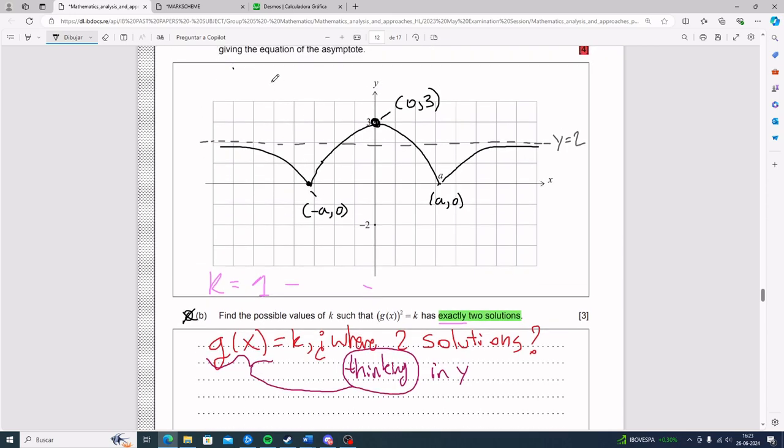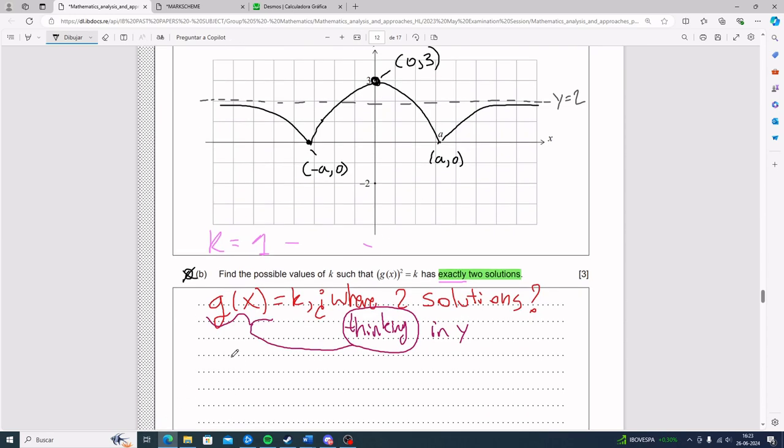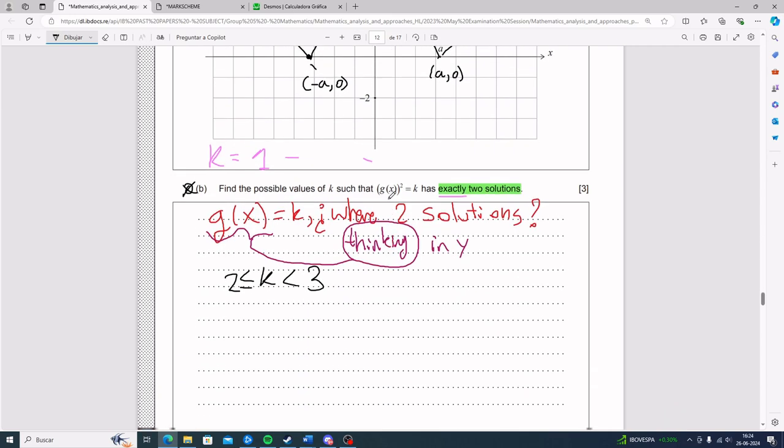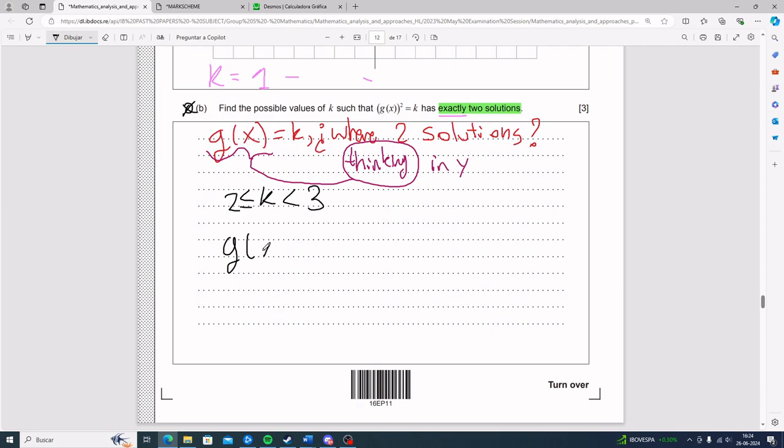In your unchanged, in your OG version, k has two solutions wherever k is greater than or equal to 2, but less than 3. Now, that is for the original. Here they are asking for g of x and it's being squared.